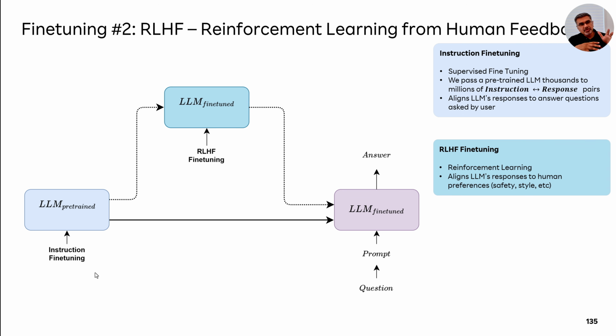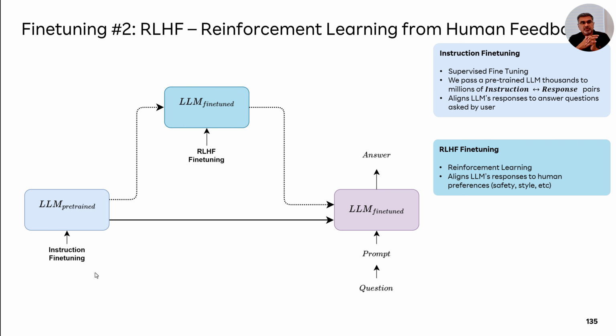There's another type of fine-tuning, which is called reinforcement learning based on human preferences. While an instruction fine-tuned large language model can answer questions with terse, concise, specific responses, sometimes you also want to ensure these responses are aligned to human preferences.